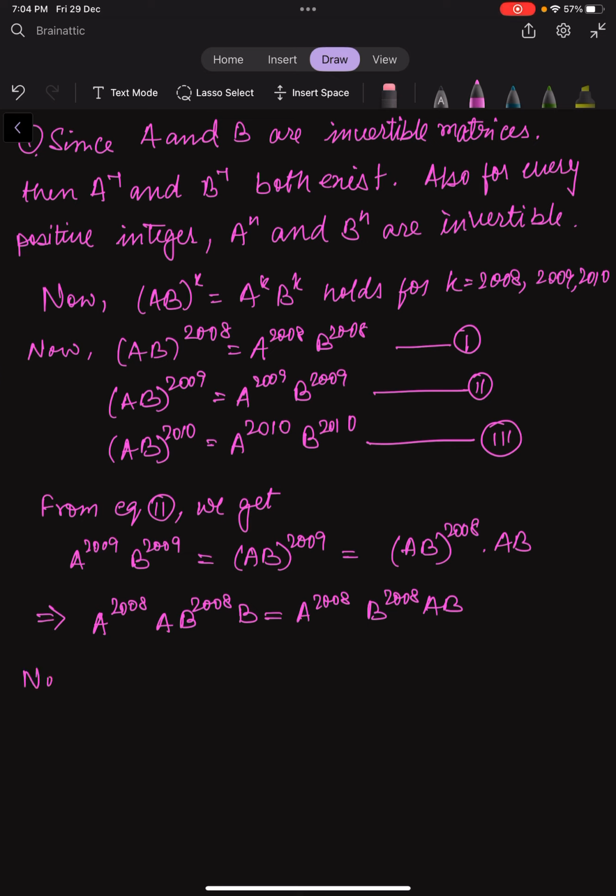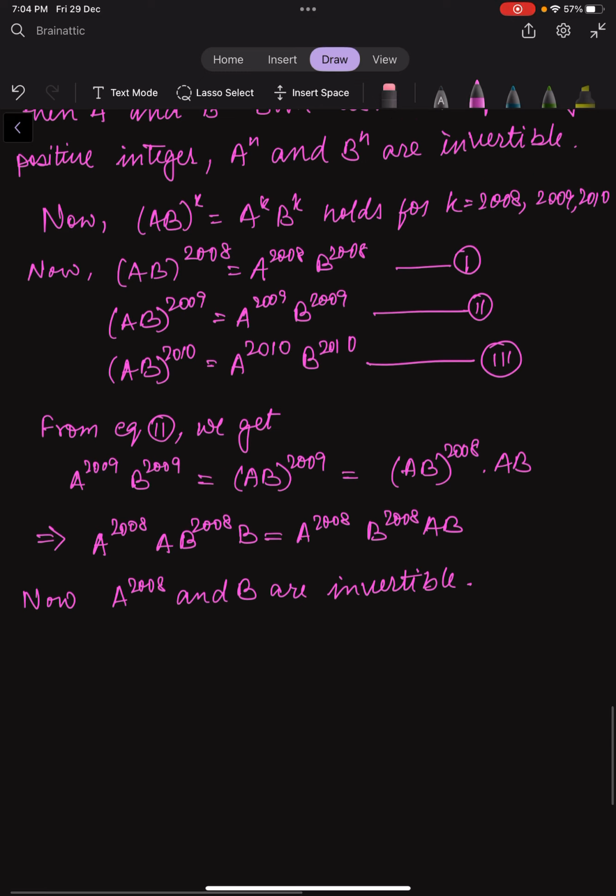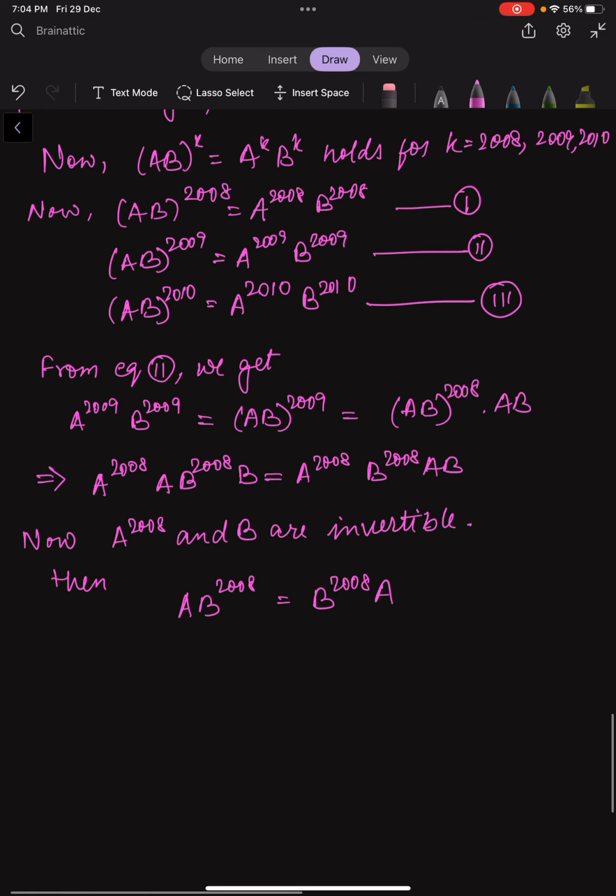Now A^2008 and B are invertible. Then we have A B^2008 is equal to B^2008 A. We name this equation 4.